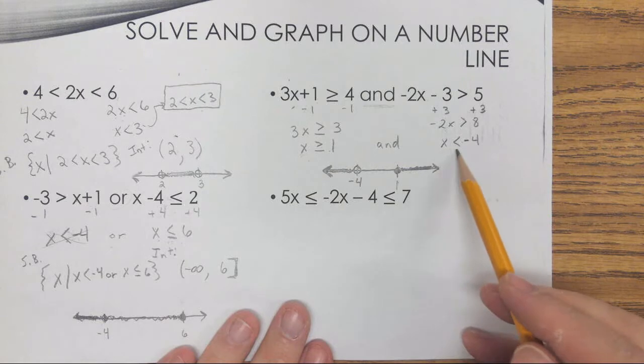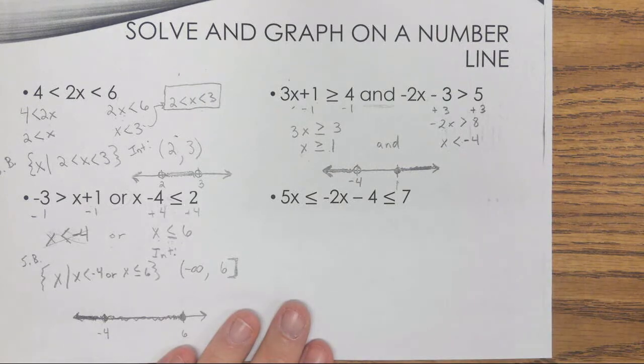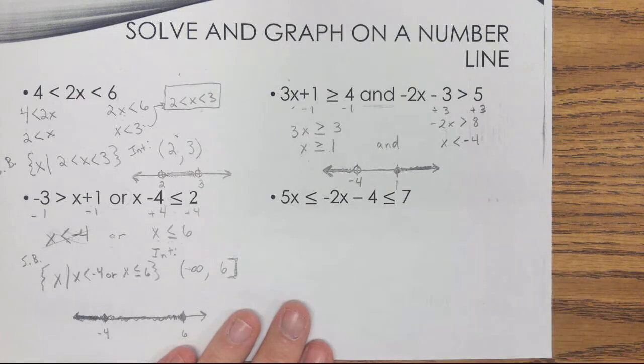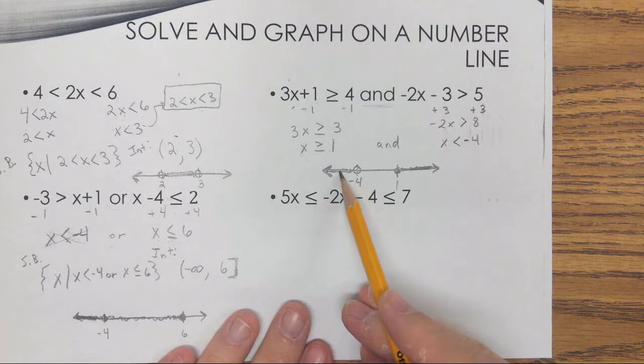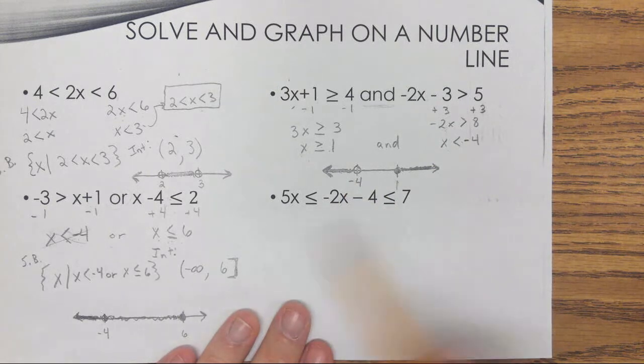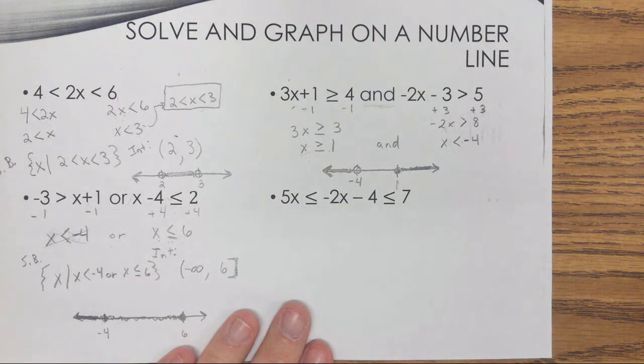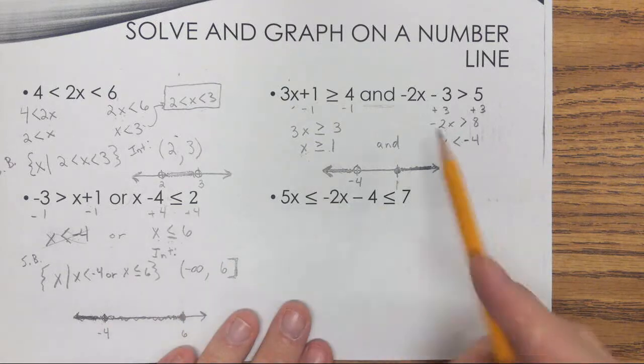But is 2 less than negative 4? No, 2 is not less than negative 4. Negative 4 is less than 2. So that doesn't work. Well, let's pick a number down here, negative 5. Negative 5 is less than negative 4. That part is true. But is negative 5 greater than or equal to 1? No, it's not.